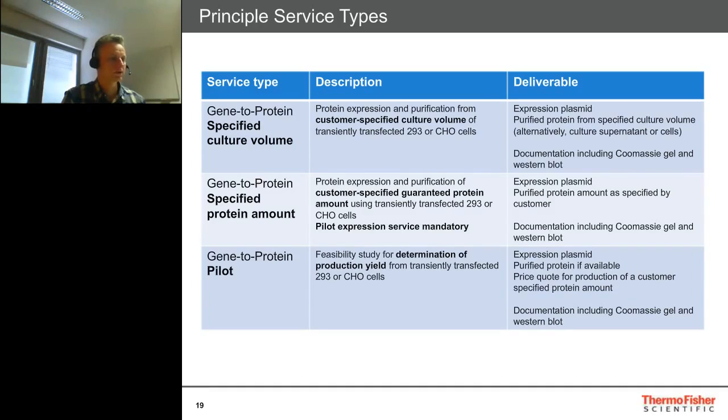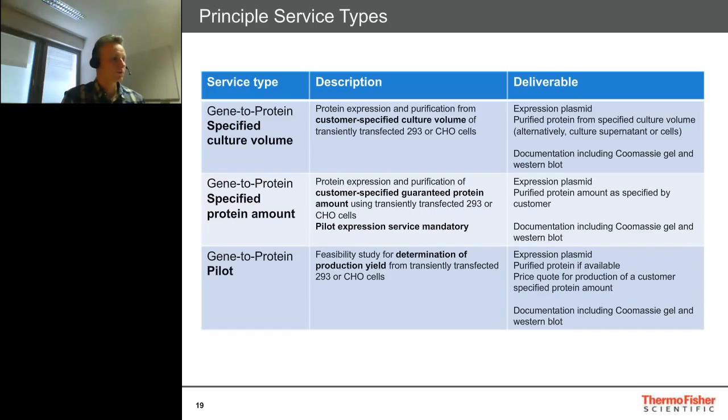The deliverables are basically the same: expression plasmid and the purified protein together with the documentation. And then we have this pilot project where we check for expression yield of your protein.